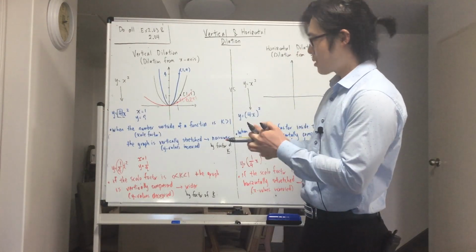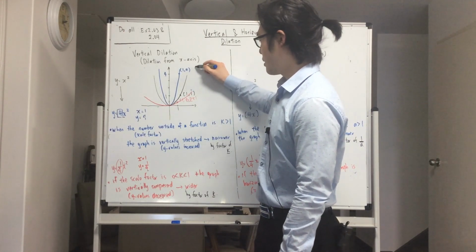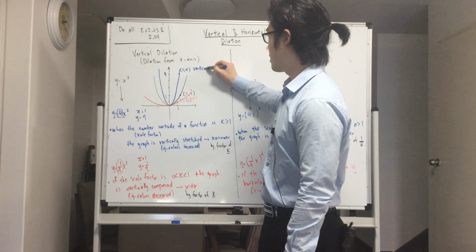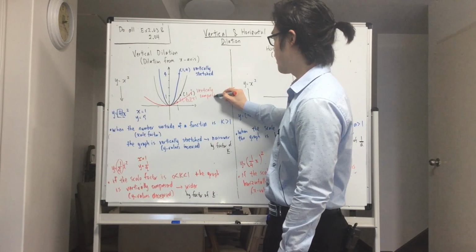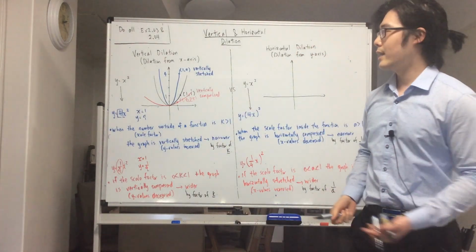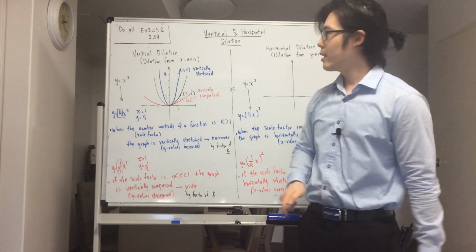So let me just label what we've learned here. So this blue line is when it's vertically. Okay. Right. So that's vertical dilation, and it's also called dilation from the x-axis, okay?